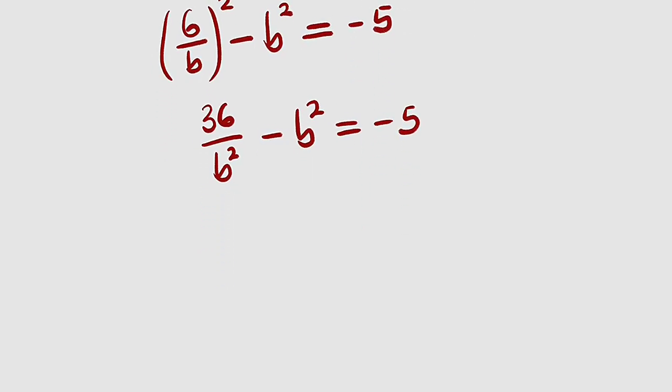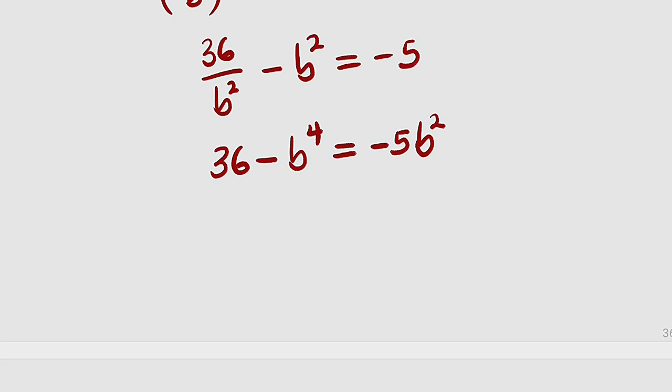To clear the fraction, we can multiply every single term by b squared. Multiplying 36 divided by b squared, you'll be left with 36. Minus b squared times b squared is b to the power of 4. This is equal to -5 multiplied by b squared. Bring everything to the left-hand side. We have -b to the power of 4.